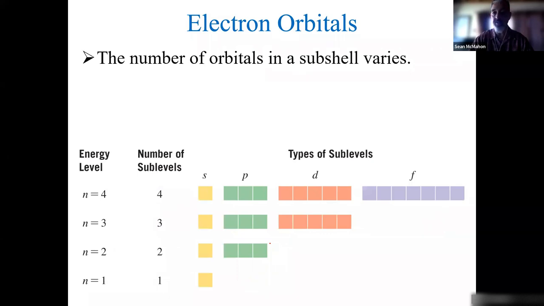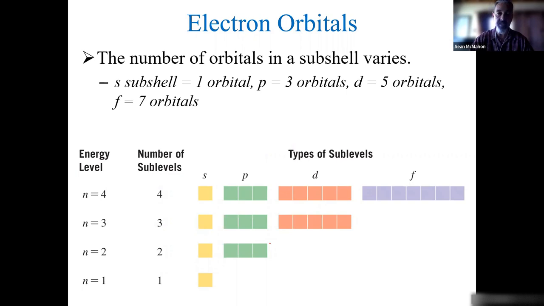So the number of orbitals in a subshell varies. So in subshell S, there's only one orbital. So doesn't matter if you're in energy level 1, 2, 3, or 4, all of the S sublevels in those energy levels only have one orbital. That's why there's one box, okay?